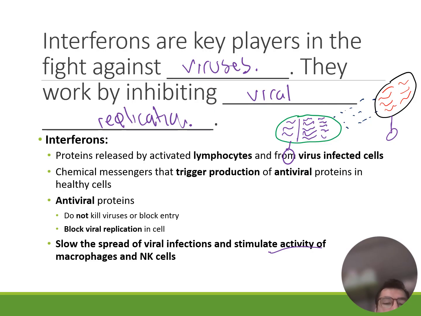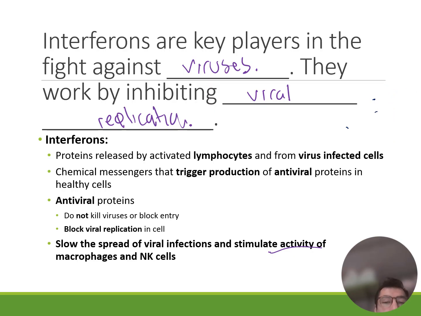In this case, we're talking about the release of interferons by lymphocytes. When lymphocytes release interferons, they not only alert other cells, but they also activate macrophages and NK cells so that they can slow the spread of viral cells. You are now telling these NK cells and macrophages to digest that infected cell.